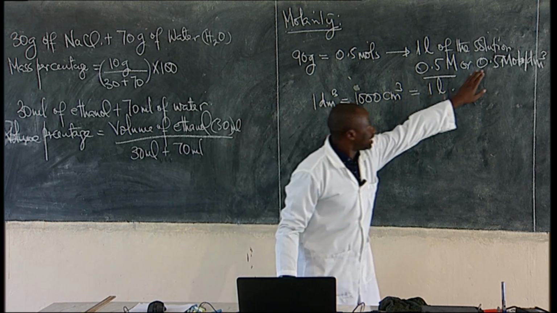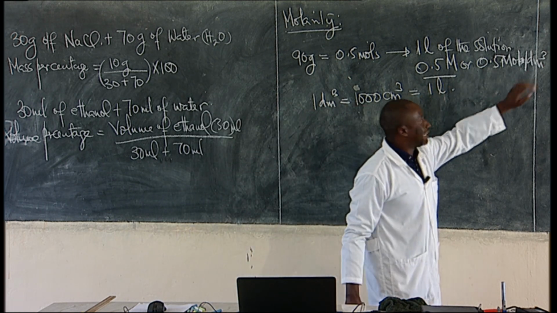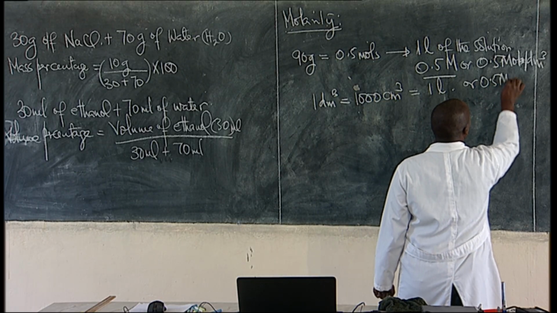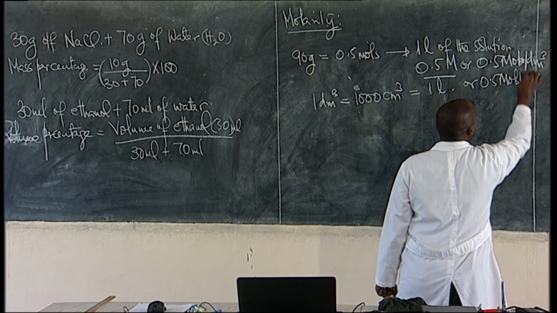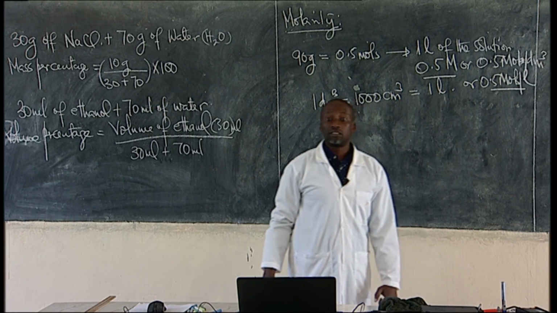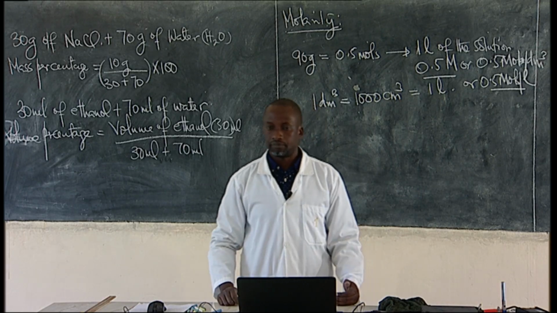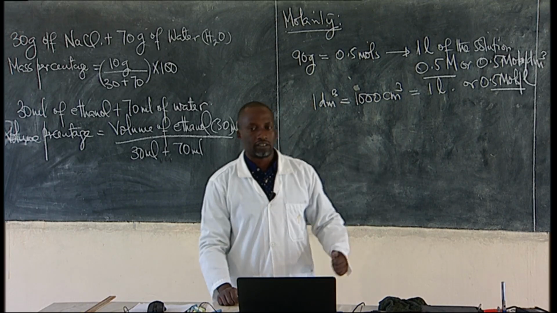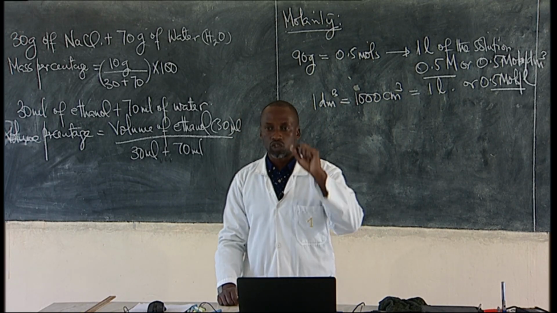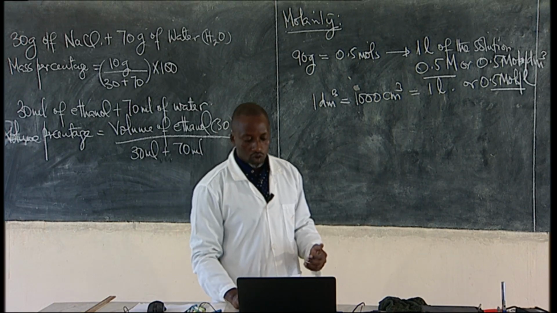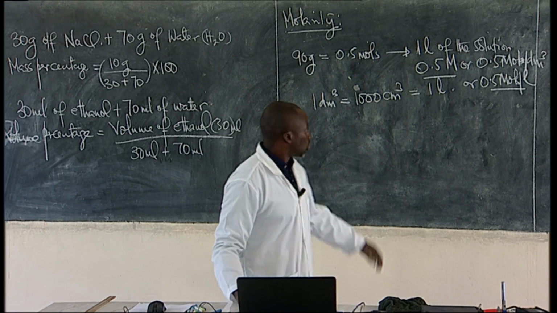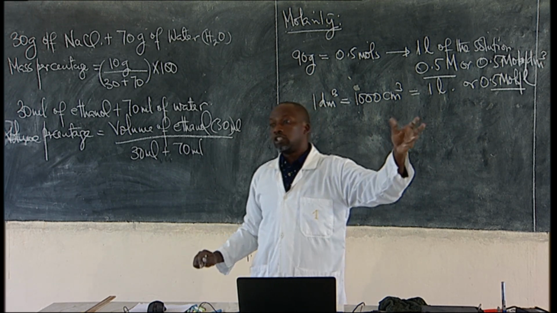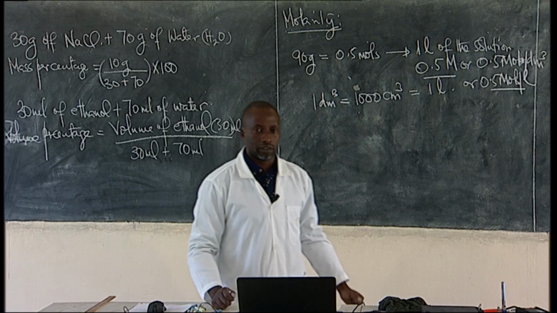So when we express this, moles per decimeter cubed, or we can say 0.5 moles per liter, that gives us the molarity: the number of moles dissolved in 1 liter of the solution. So these are the units of molarity. Molarity is also a unit of concentration.